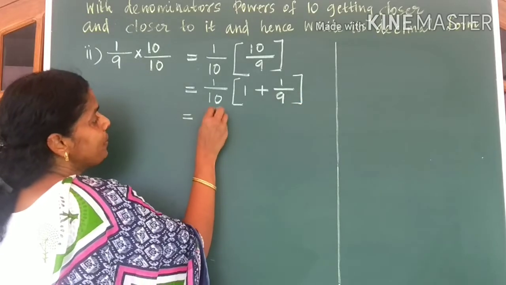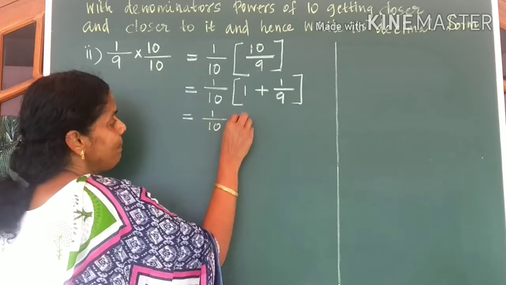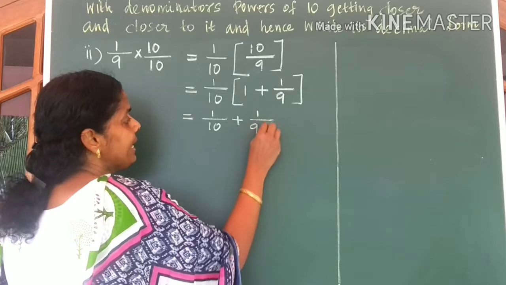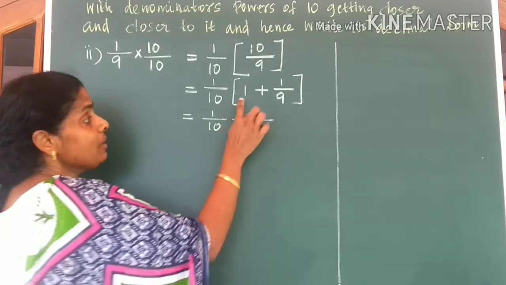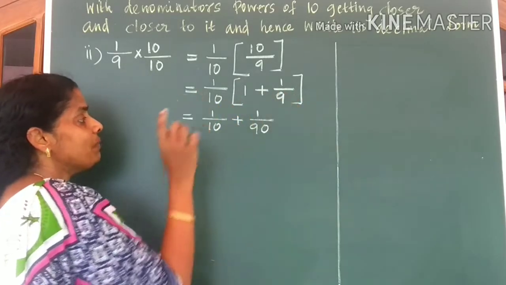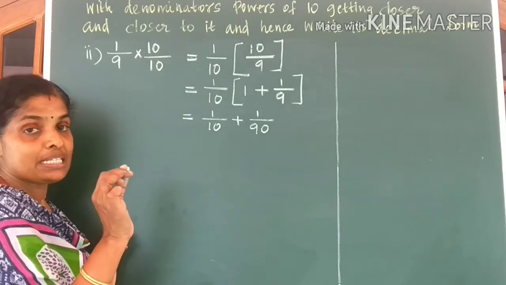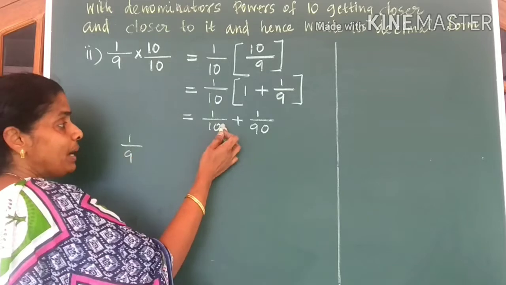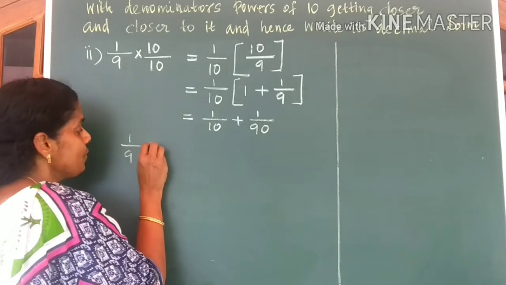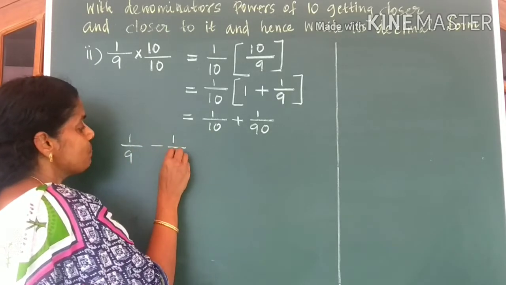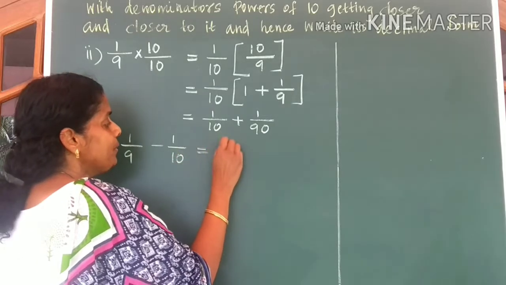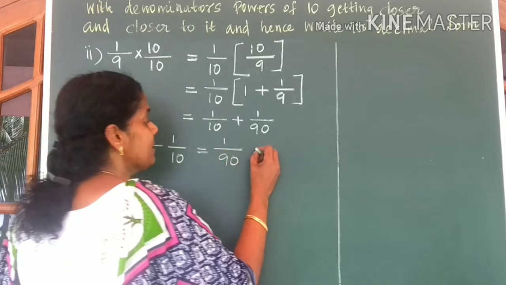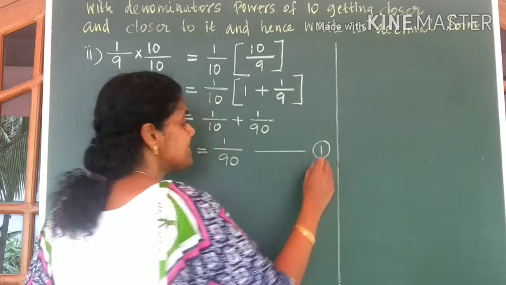This is equal to 1 by 10 plus 1 by 90, by multiplying both these numbers with 1 by 10. So what is our next step? Write this 1 by 9, take 1 by 10 to this side. So you get 1 by 9 minus 1 by 10 is equal to 1 by 90. This is our first step.